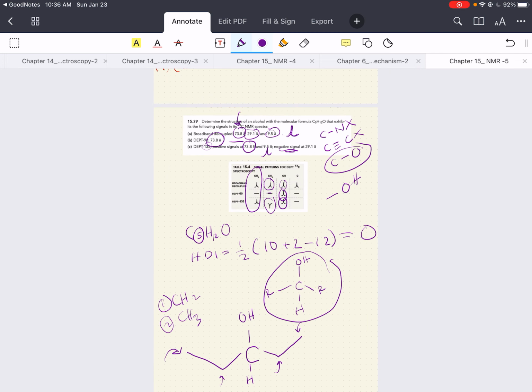So let's properly draw this again and double check if we're actually right. What we have is a CH3 group, CH2, CH3, CH2, and then our alcohol group is right here. And of course, this carbon has its hydrogen, but we're not going to explicitly draw that in the proper molecular structure. This has 1, 2, 3, 4, 5 carbons, check.